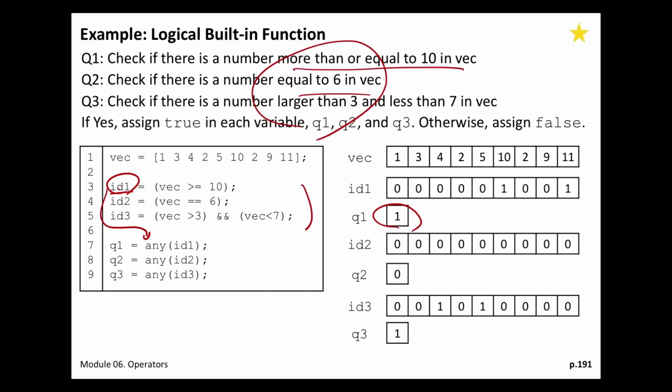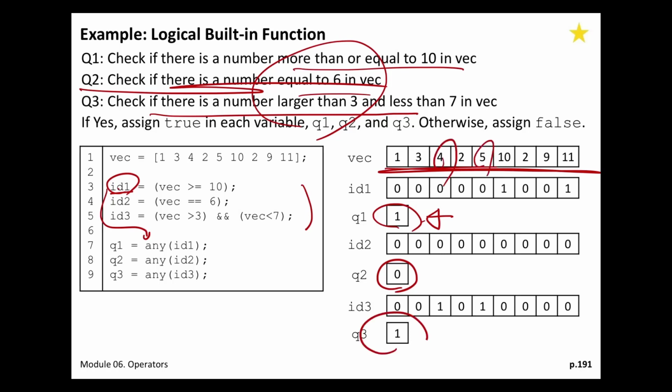That's why in this case there's no 6 in this vector, so it gives you false. What about this one, larger than 3 and less than 7? There is such a number, right? That's why it's true.